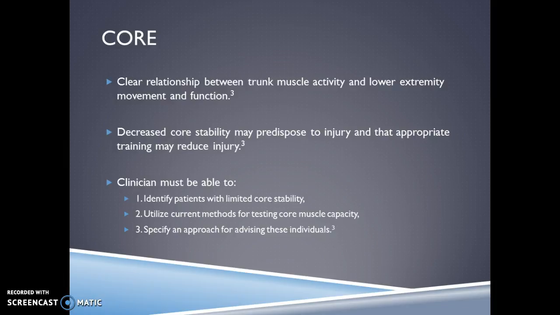Are we screening for those athletes with a weak core that are perhaps predisposed to injury? So clinicians must be able to, and this is from the article, identify patients with limited core stability, utilize current methods for testing core muscle capacity, and specify an approach for advising these individuals, especially when we talk about injury prevention and risk factors. This is definitely something I need to include more in my evaluation approach.